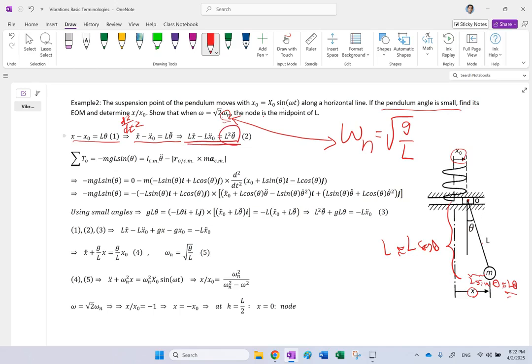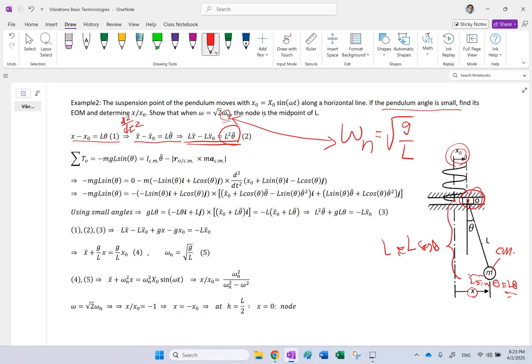Now, to get the governing ODE, I am going to take the sum of moments about this point O, but you have to pay attention that point O is not the centroid of the system. This is the centroid, and it's not even a fixed point. Remember, when the pendulum base was fixed, you could take moment about the fixed point, or you could take moment about the centroid. But this point O is an arbitrary moving point. It has motion, it has acceleration.